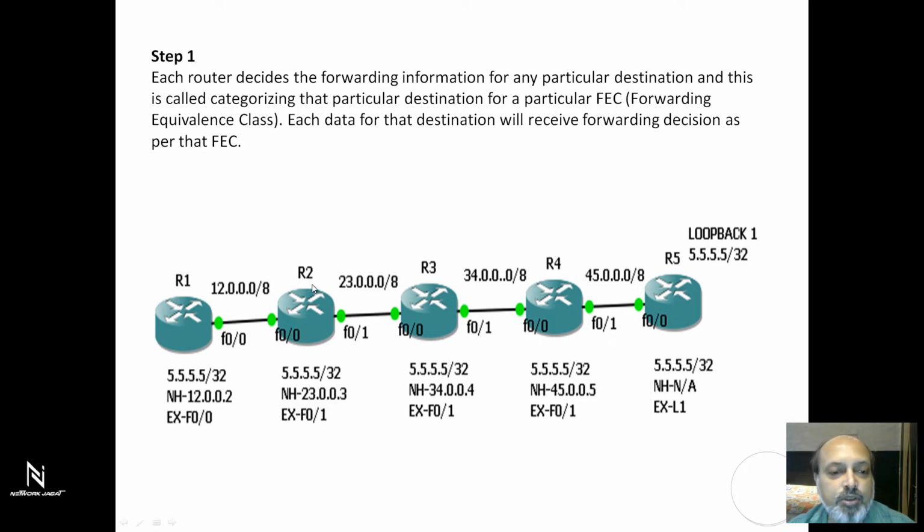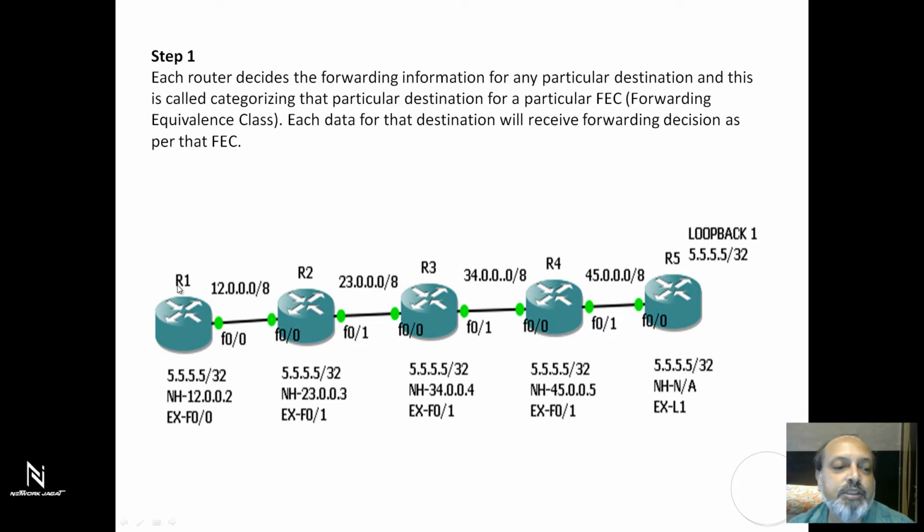This is job number one, called swapping of labels. And number two is, after swapping the label, they can forward the labeled packets or labeled data. So they can receive and send labeled data, and at the same time they can swap the labels.